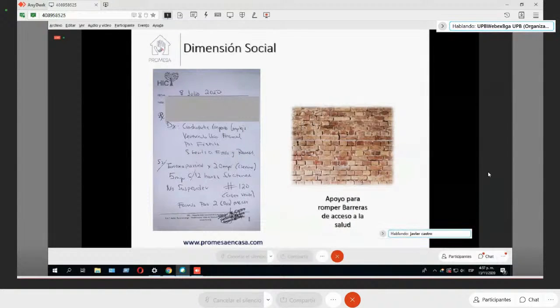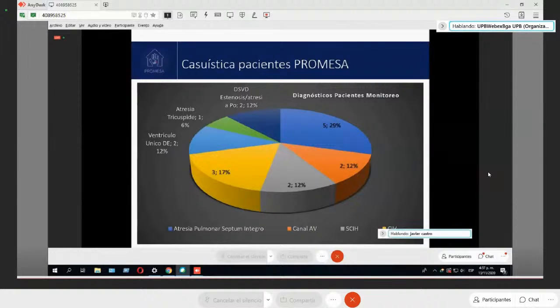We try to tear down this wall, and when people connect, they can get the medical monitoring on time, they can access their medications on time with the proper doses, so that they can come to medical follow-up. We review their tests, and we find a connection so that these patients get medical attention in a timely manner.